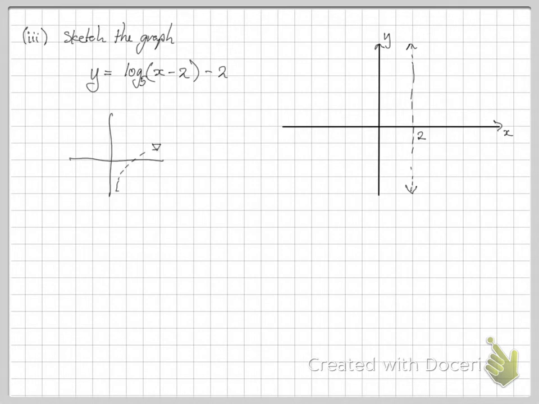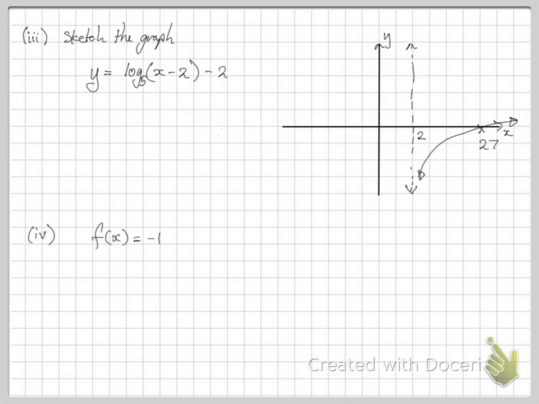This one's got a translation to the right of 2 units and a vertical translation down of 2. So it's going to be more like that. So drawing that in over here, now the scale's going to be a bit out here. I'm going to draw it like that. We know here that it crosses the x-axis at 27.